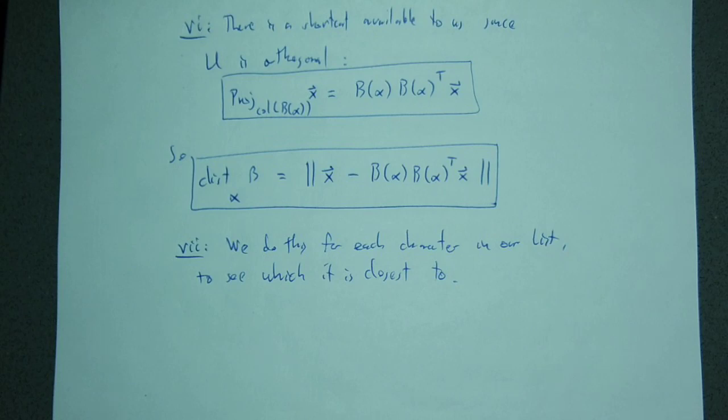For example, if we had 26 characters, each using a 16 by 16 resolution, and if we use 3 columns of each U, then we would have 26, one per character, 3-dimensional subspaces of the 256-dimensional real numbers, because that's 256 pixels. It's 16 by 16.